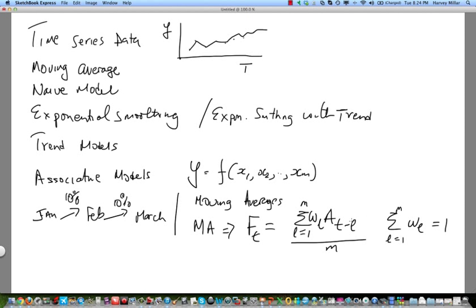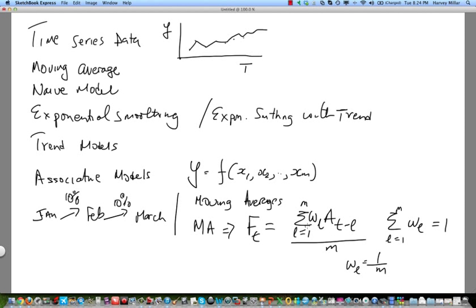So in your simple moving average, essentially the weight is 1 over m. So if you had a 2-period moving average, then you're weighting each value equally, which means it's 0.5, 0.5. 1 over 2 is 0.5. If you have 3 of them, you're weighting each of them 1/3. Right? When you divide by 3, you're weighting each of them 1/3. That's in a simple moving average.